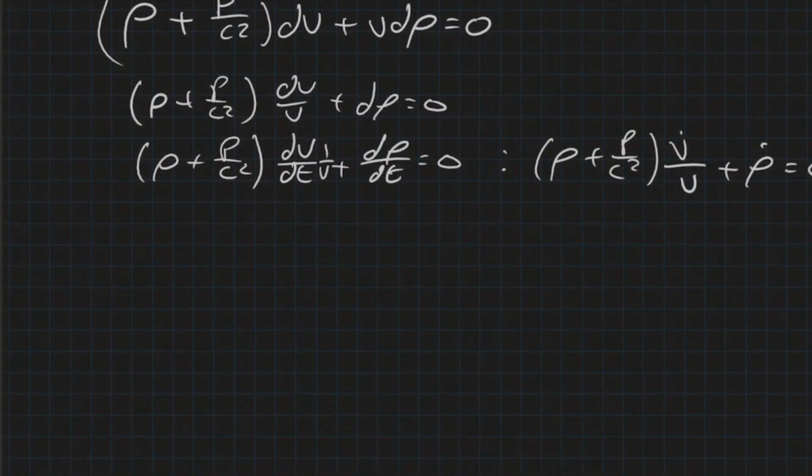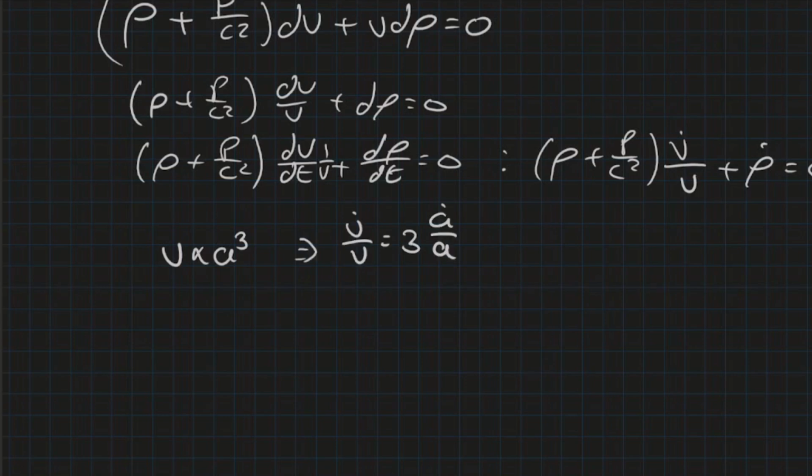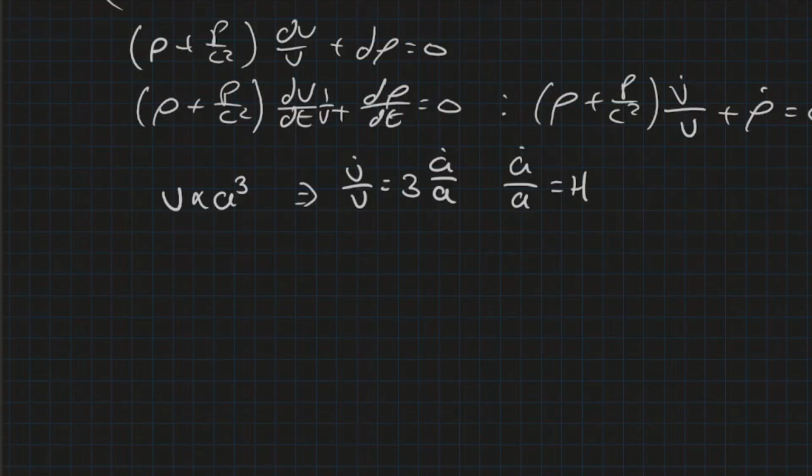However, we note that in cosmology, we know that the volume will scale as a cubed, a being the scale factor of the universe. So we have V dot over V is equal to 3 a dot over a, and a dot over a is just equal to the Hubble parameter, H. Finally, substituting this in, we get the fluid equation: rho dot plus 3H, rho plus P over c squared, is equal to 0.